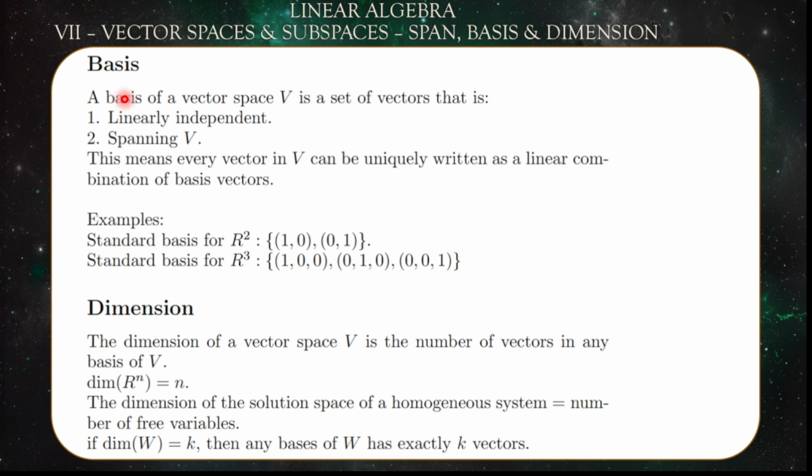Basis. A basis of a vector space V is a set of vectors that is linearly independent and spanning V. Okay? They are spanning V. This means that every vector in V can be uniquely written as a linear combination of basis vectors. Example: the standard basis for R2, which is two-dimensional here, is (1, 0) and (0, 1).